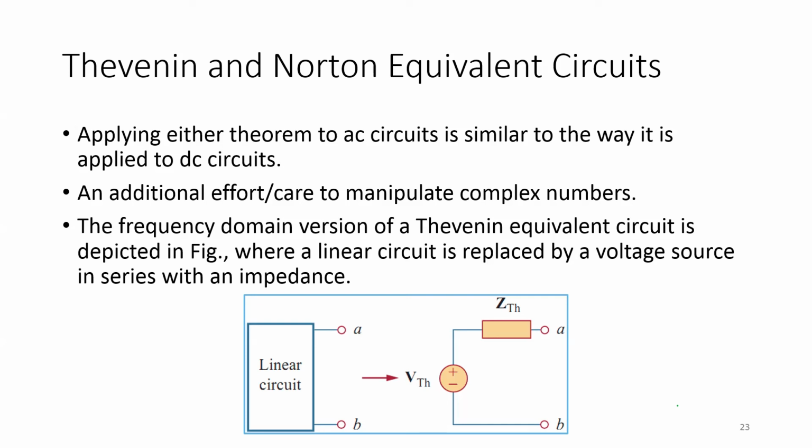In order to find the Thevenin equivalent, we find the Thevenin equivalent voltage and Thevenin equivalent impedance across those two points, and for the Norton equivalent circuits we find the current flowing through a short circuited branch over there and the impedance across those two given terminals. So the working principle is similar as before.